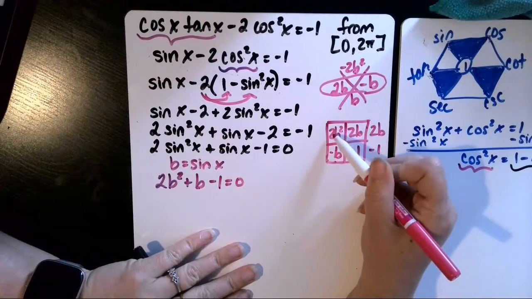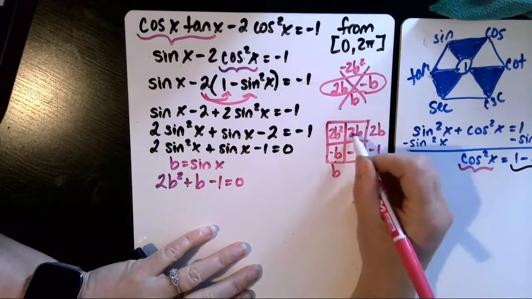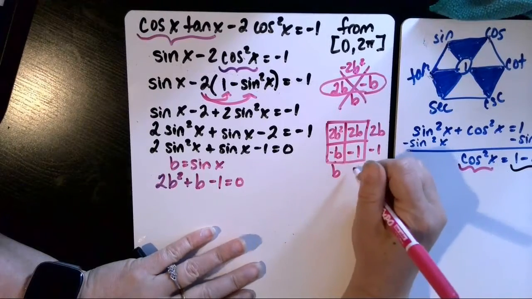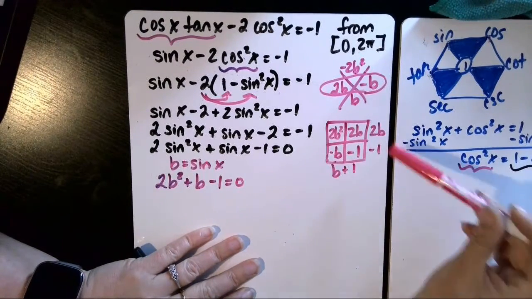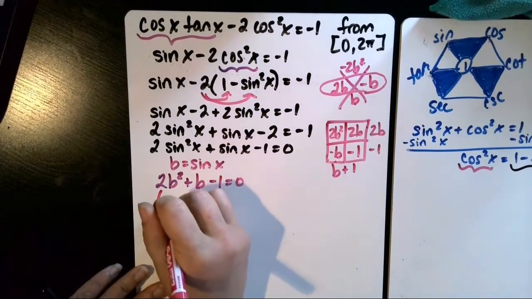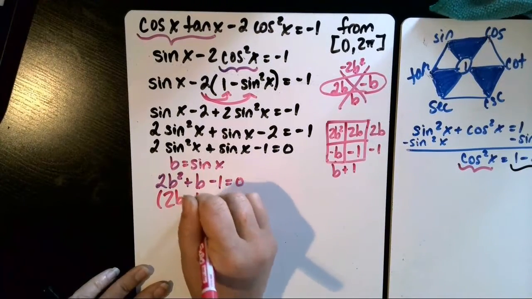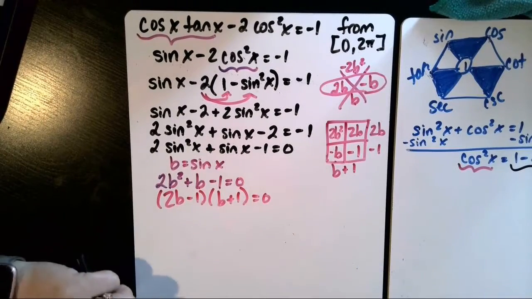Then up and down the first column, 2b squared and negative b have a b in common, and 2b and negative 1 in the second column have just a 1 in common. And those will be the factors, 2b minus 1 and b plus 1. So we'll write those factors, 2b minus 1, b plus 1, and that equals 0.